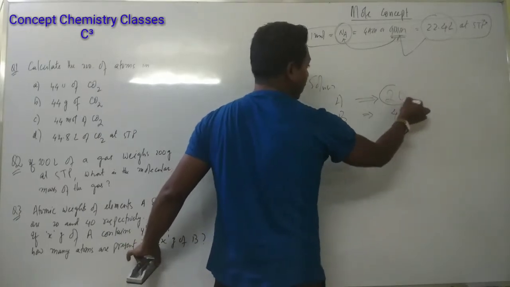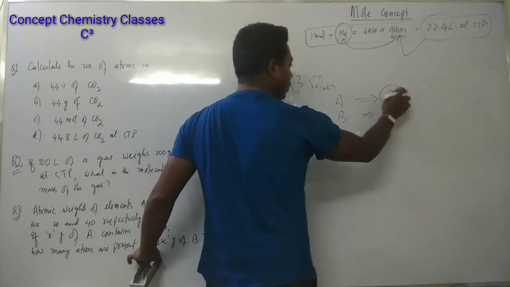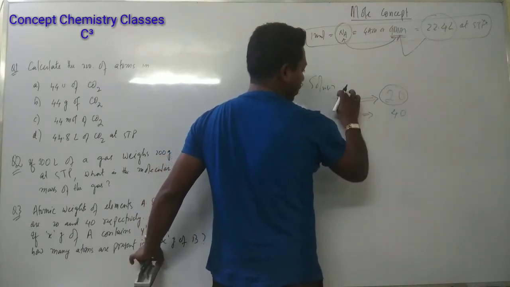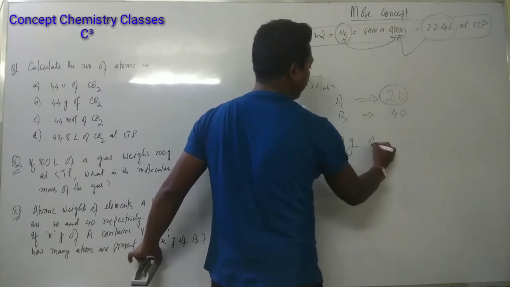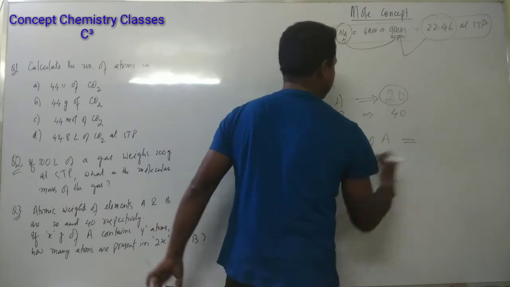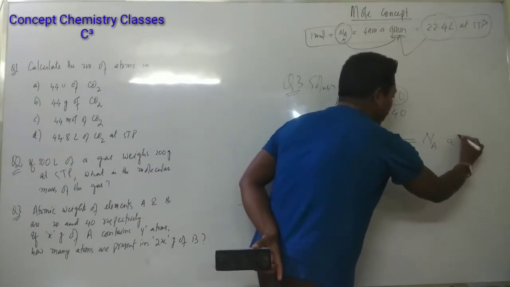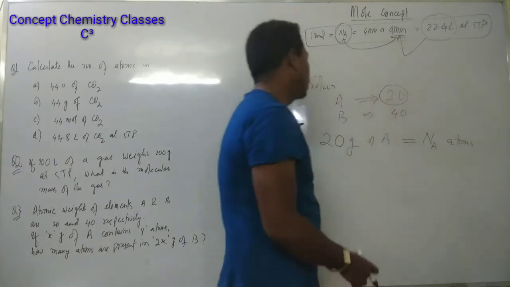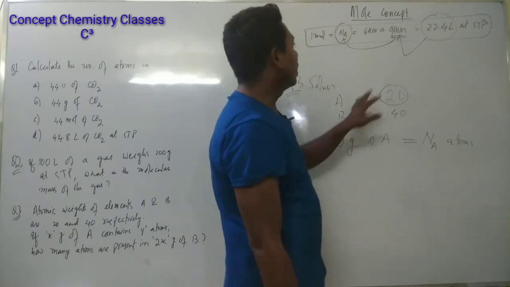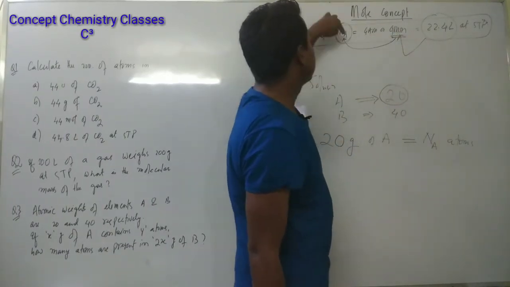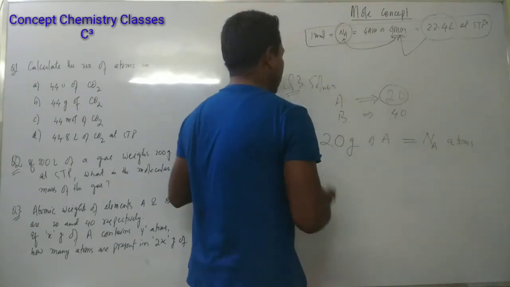So X gram of A contains Y atoms. This is the A here. We know that atomic mass of element A is 20, so 20 gram of A contains Na atoms. Okay, this is correct because this is the gram atomic mass of the element. Gram atomic mass has number of atoms equal to Avogadro number, so Na atoms.